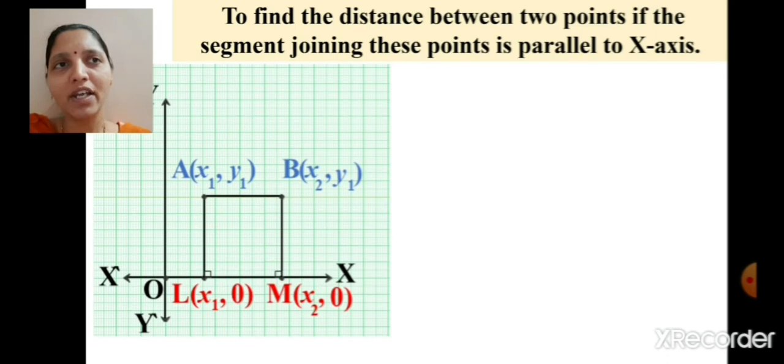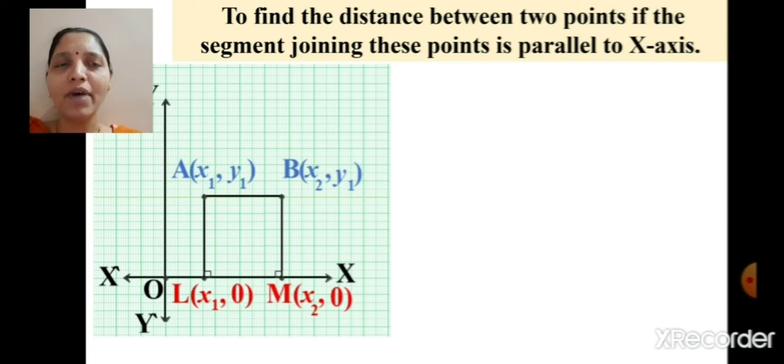So how will you find it? First we have to draw a perpendicular to the x-axis from point B. Here segment BM is perpendicular to the x-axis and segment AL is perpendicular to the x-axis.